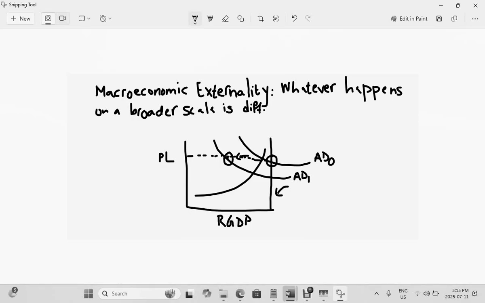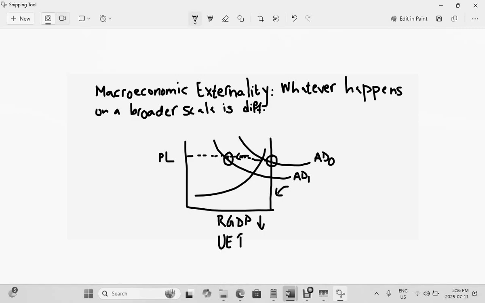So when the demand curve shifts to the left, this has to do with a recession, or a contraction of economic activity, because the real GDP is being reduced. And because the real GDP is being reduced, unemployment has gone up to some extent.